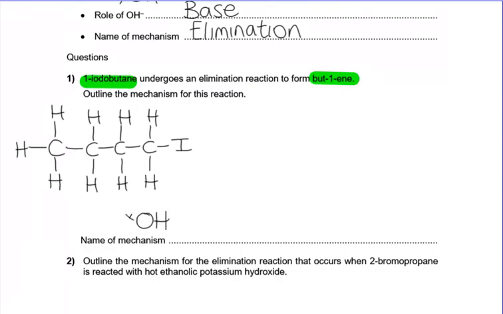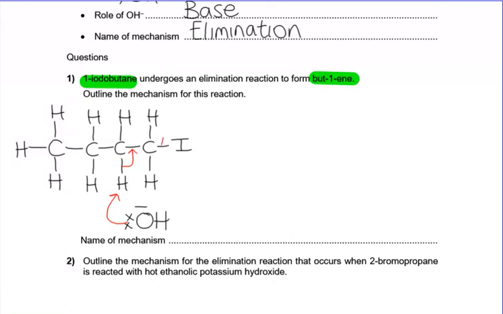Hydroxide ion with its lone pair on the oxygen and a minus charge is going to go. And remember that the hydroxide is removing the hydrogen, and the hydrogen is removed from the neighbouring carbon. So iodine is on carbon number 1, we're going to carbon number 2 to remove the neighbouring hydrogen. Then we're going to break the carbon-hydrogen bond and move the pair of electrons that were shared in that bond to make the double bond.